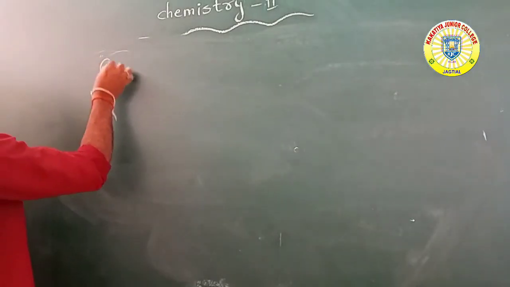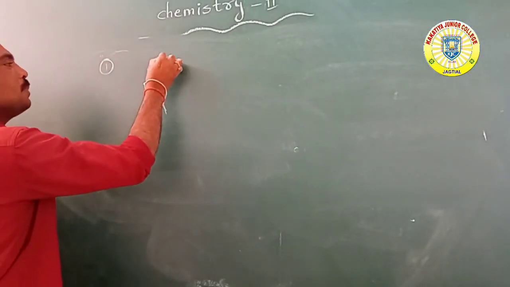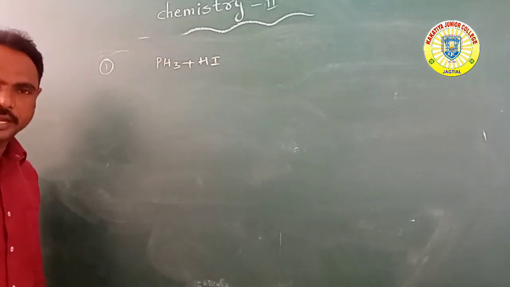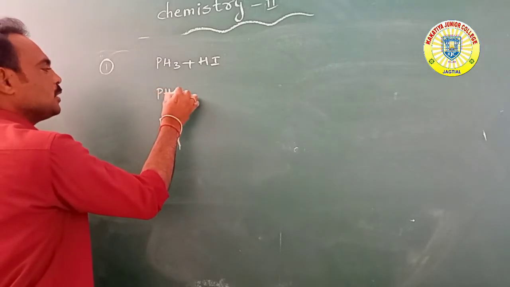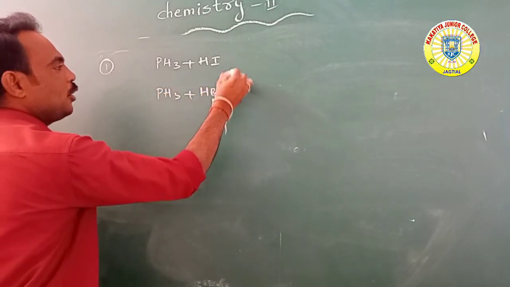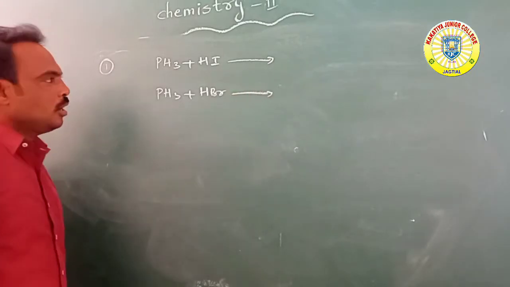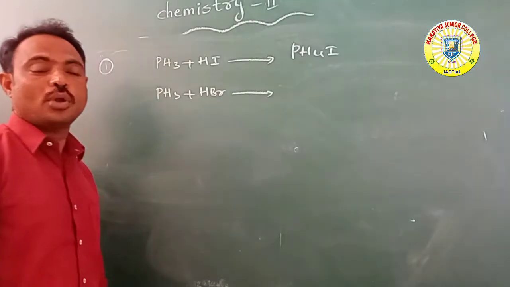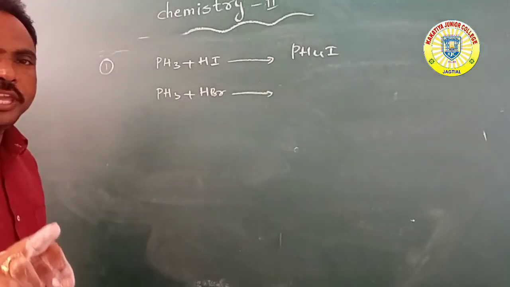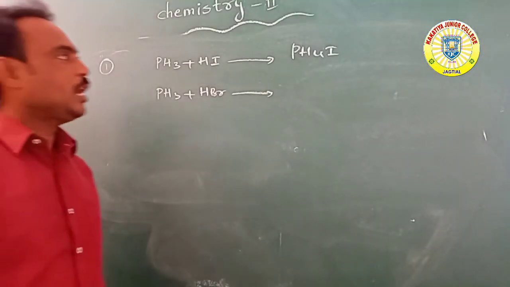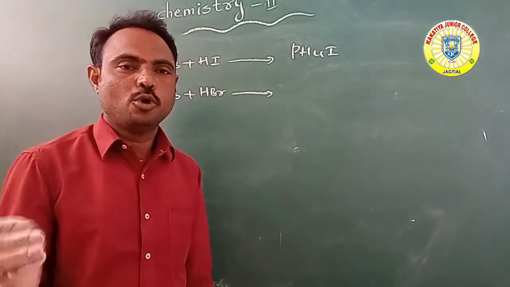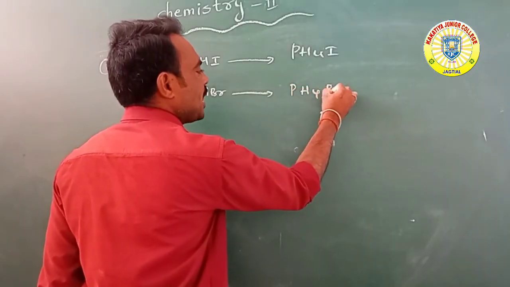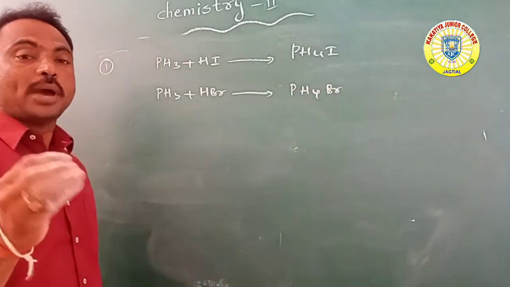For example, this phosphine, PH3, reacts with HI, hydrogen iodide, or with HBr, hydrogen bromide, to form PH4I, phosphonium iodide, and PH4Br, phosphonium bromide.